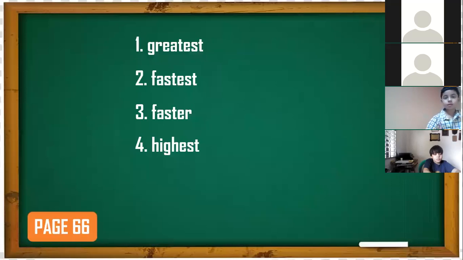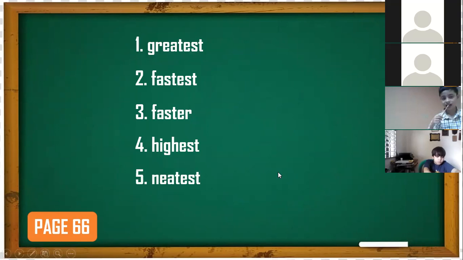If we need to add EST, how is it going to be the word? Neatest. Neatest. Read all the sentence, Anna, please. She has the neatest writing in the class. Very good, Anna.